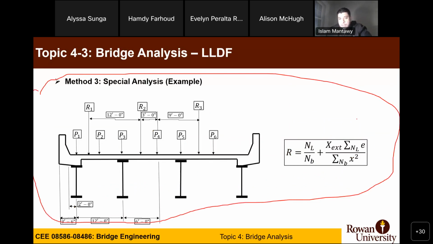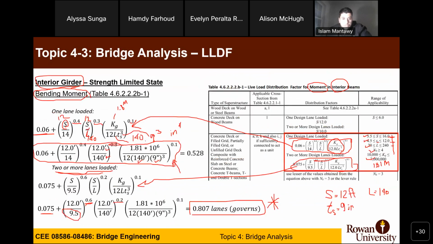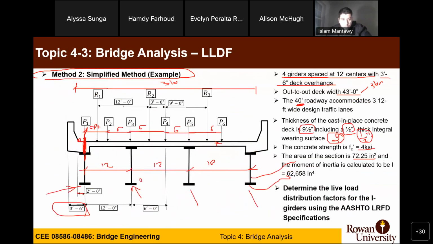One question I need to ask you, it's a very challenging question. If you go back to those equations, you find that the interior girder has to go with 0.807, correct? For moment. So for moment, I put 0.807 for interior. Those are the factors, right?